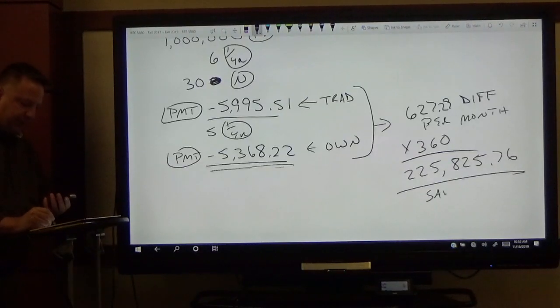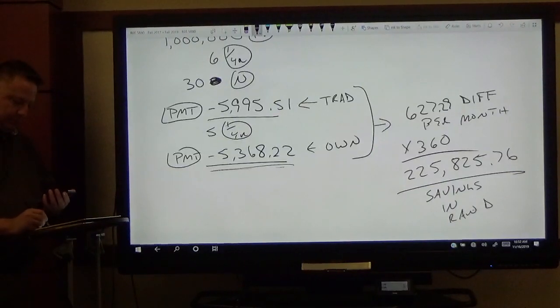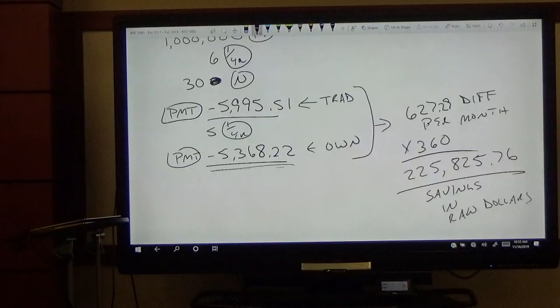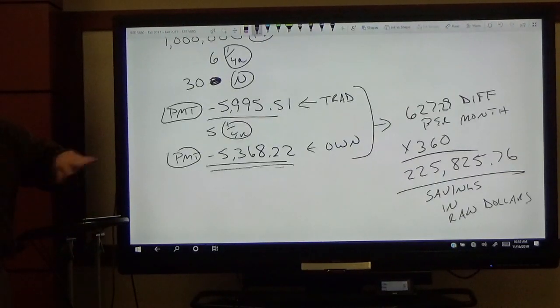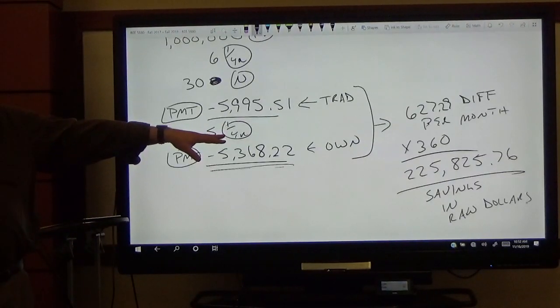So that would be their savings total, in raw dollars, over the 360 months if they were to finance it with me versus a traditional lender, okay?